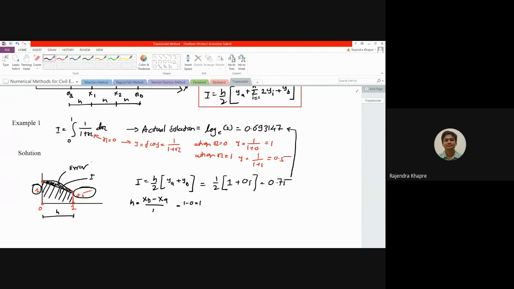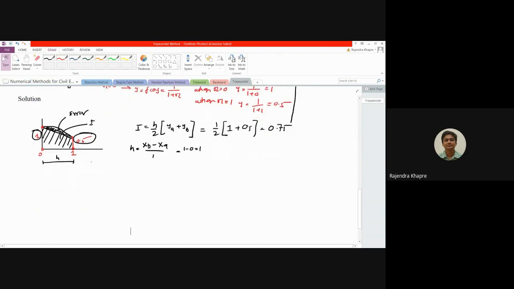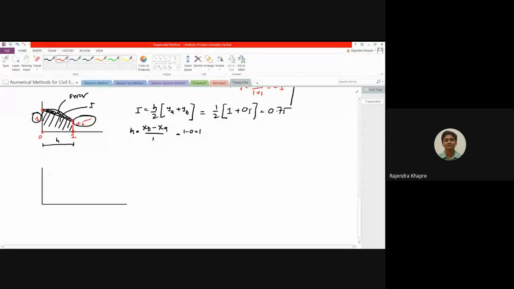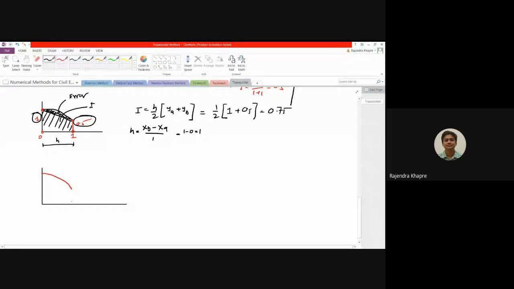So let us try to do this, and let us keep only one interval and see what is going to happen. So we have one more curve like this, drawn on a similar pattern, and here we have 1 and here we have 0.5.